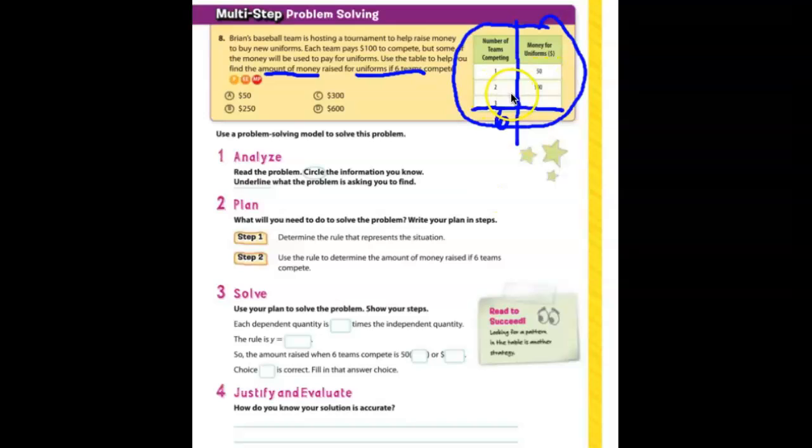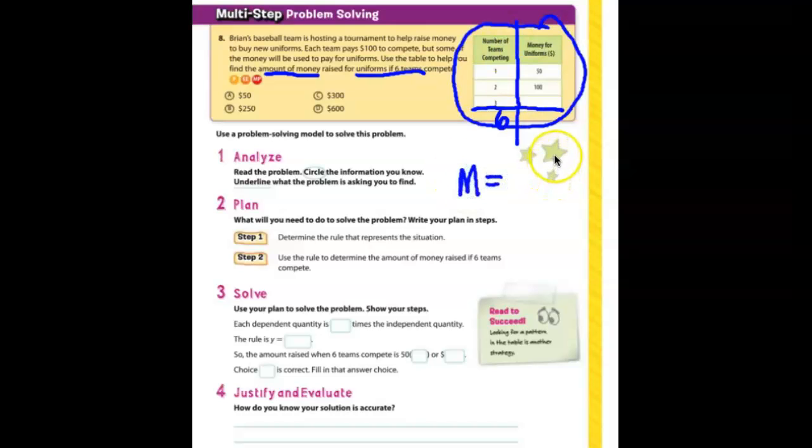Does 2 times 50 equal 100? Yes or no? It does. So that means I can go ahead and write my equation. So the number of teams and the amount of money. So the amount of money, I'm going to use M as the variable for that.